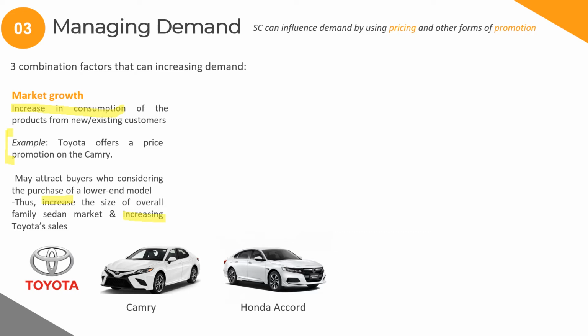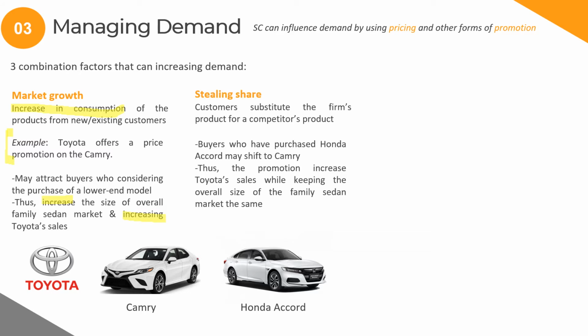And then the second one is stealing share, where customers substitute the firm's product for a competitor's product. For example, when Toyota offers a price promotion on the Camry, the buyers who have purchased the Honda Accord might shift to the Camry.